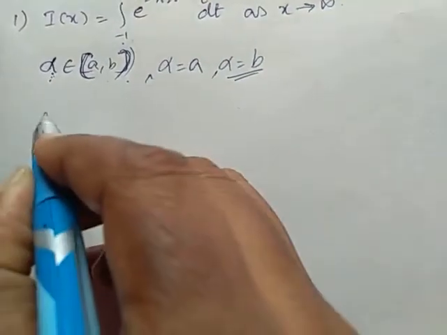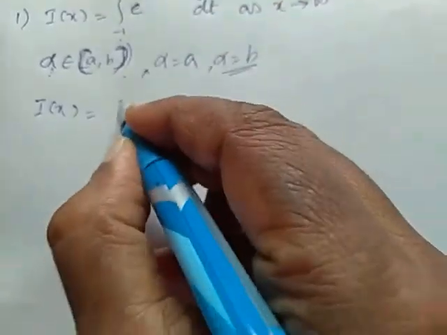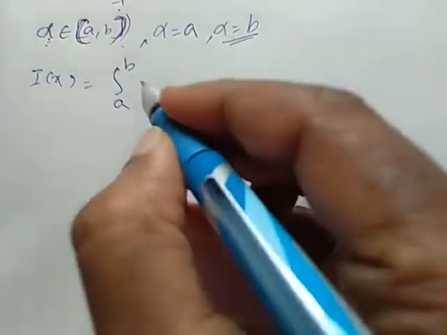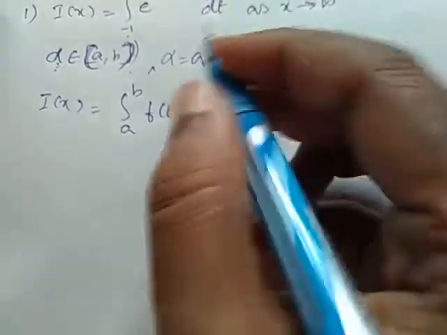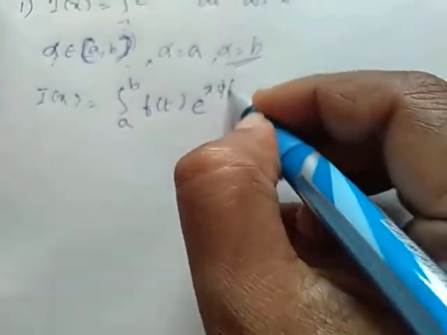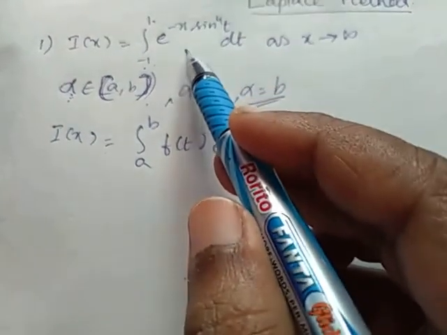So here, what is the standard form? First of all we have the standard form I of x is equal to the integral from a to b of f of t e power x phi of t dt. This is our standard integral. Just compare the standard integral with the given integral.